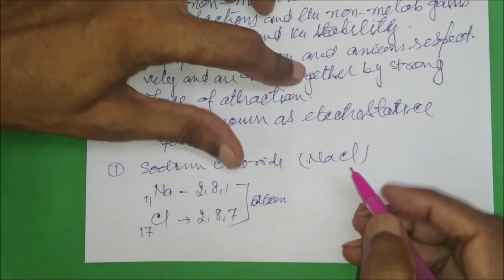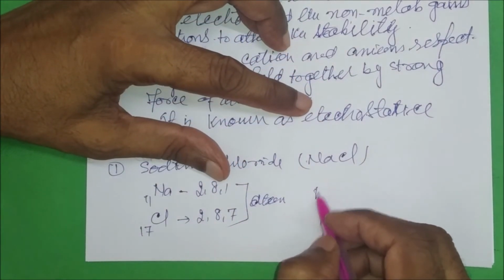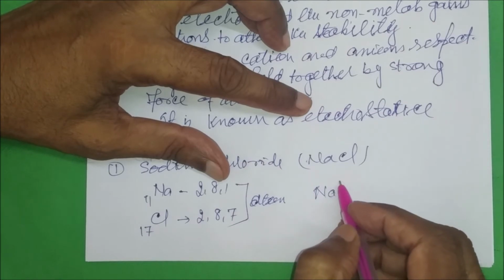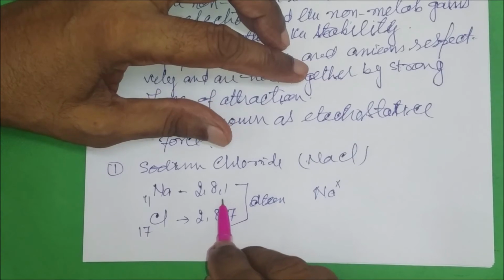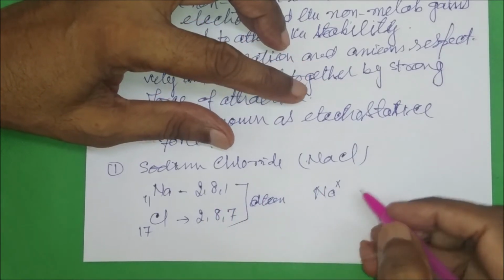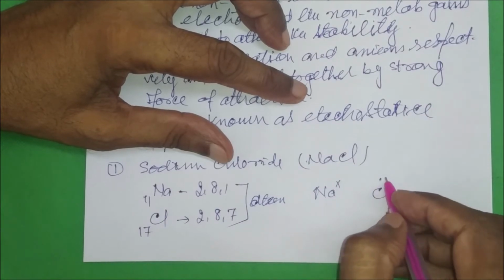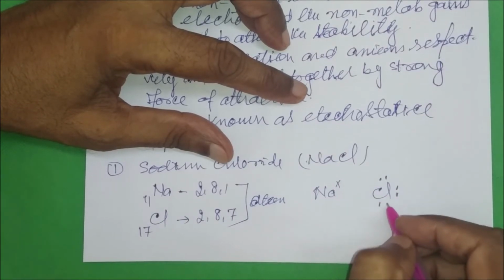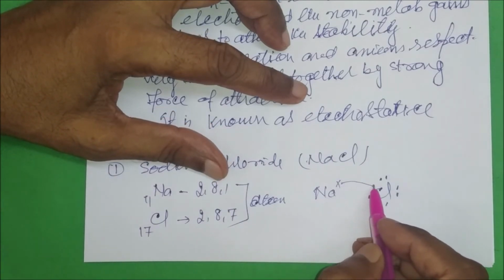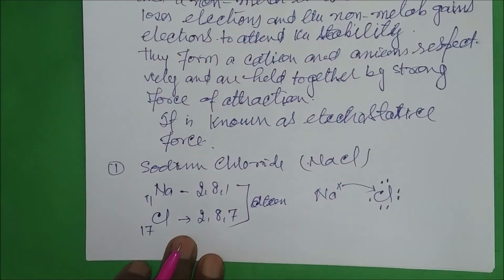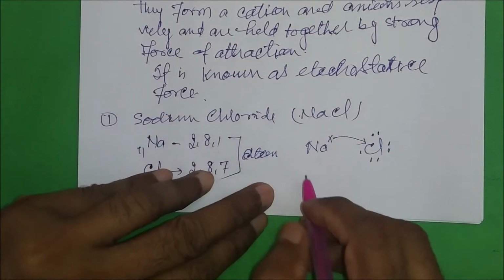Now, how do they combine? Look here. Suppose sodium, Na, has 1 electron in the outer orbit, and chlorine has 7. Now the electron transfers from here to here. When it is transferred, what do they become?